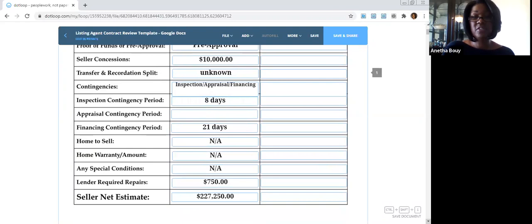Again, no appraisal contingency time frame was provided. They said that they are able to get their financing in place within 21 days. There's no home to be sold, no home warranty, no special condition. However, they have asked for $750 if necessary in lender repairs, which would give the seller a $227,250 net. Okay. Are there any questions so far up until this point?